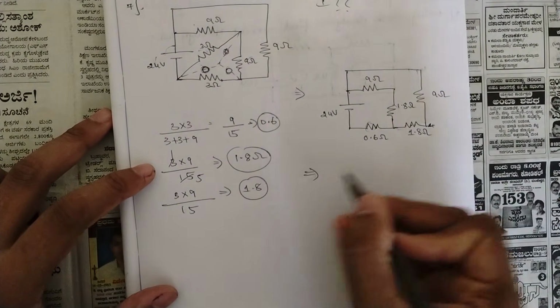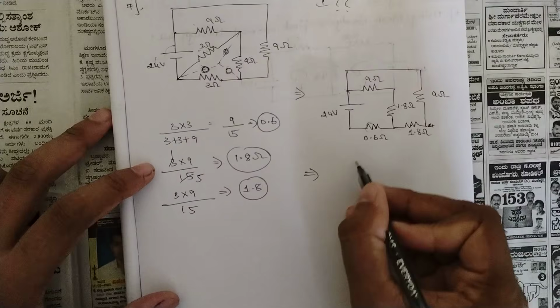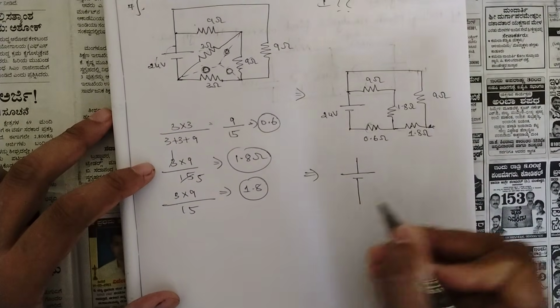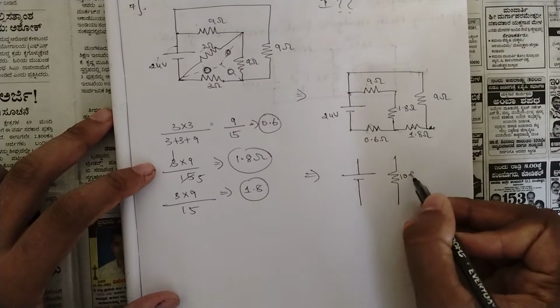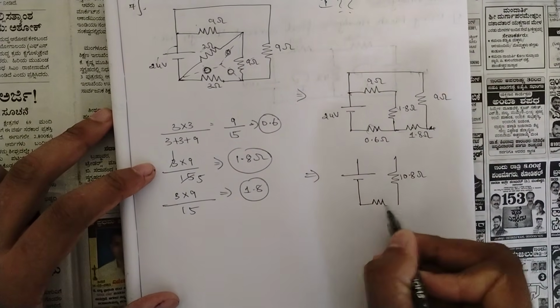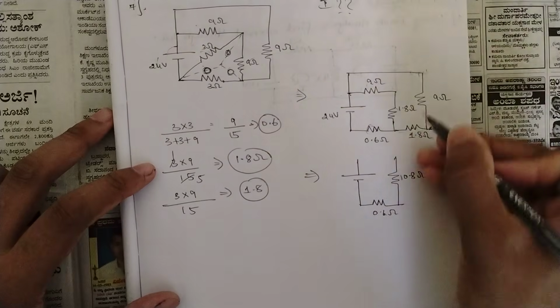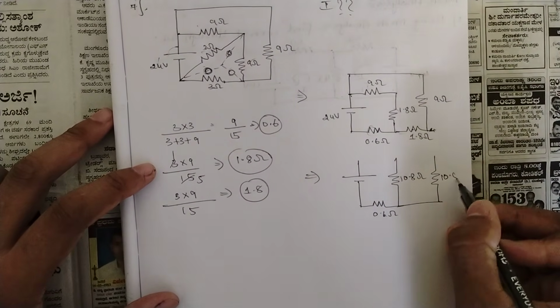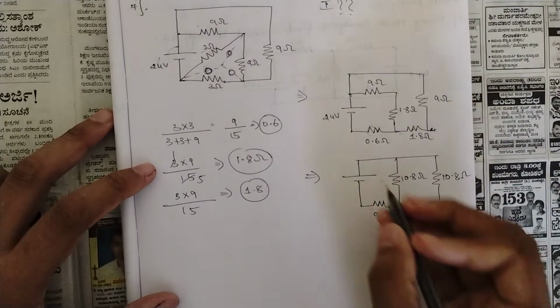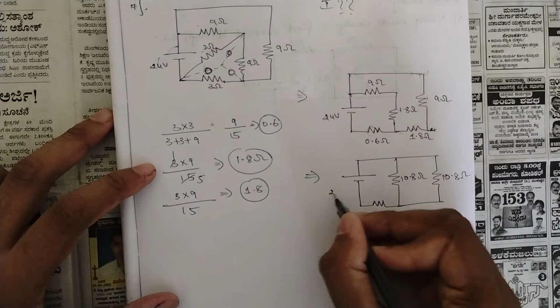So this circuit would now look like this: 24 volt, 9 plus 1.8, which I'll write individually as 10.8 ohm. Here we have 0.6 ohm, and again 9 plus 1.8 is 10.8.